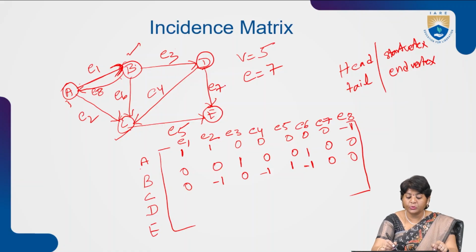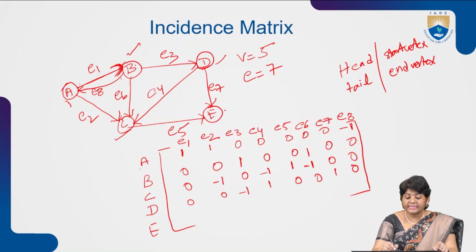Similarly, when you move on to vertex D, for E3 this is the end vertex, so -1, and D is acting as starting vertex for E4 and E7. So for E4 and E7 we will mark it as 1 and the remaining edges we will mark as 0.